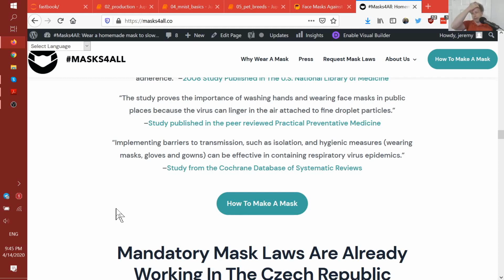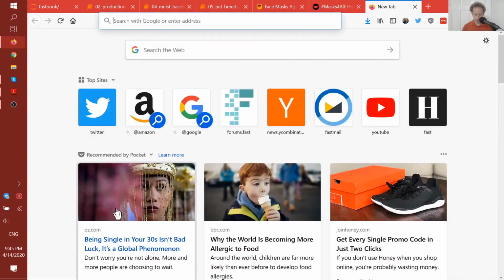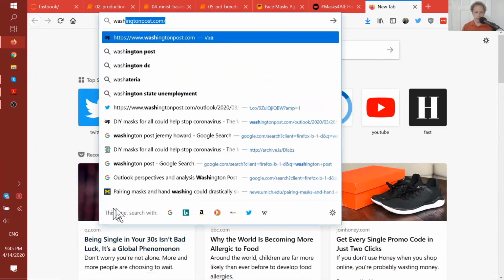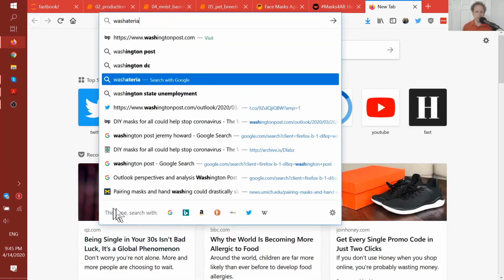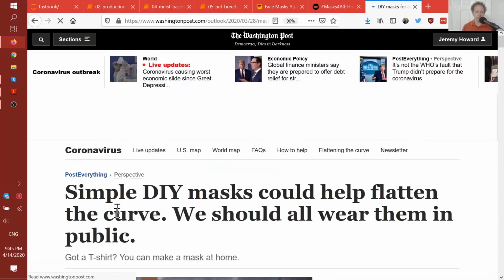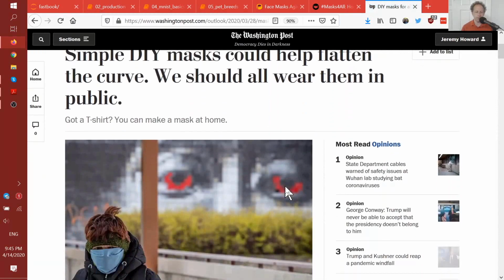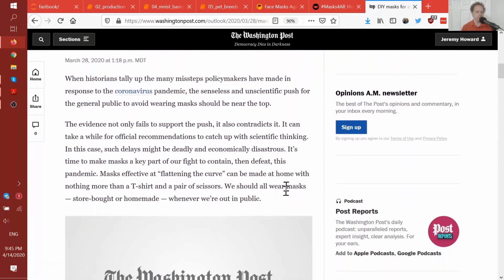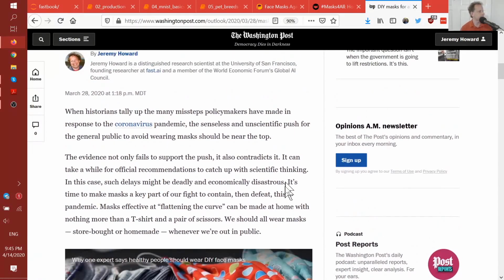So I ended up writing an article that appeared in the Washington Post that basically called on people to really consider wearing masks, which is this article. And I was lucky.